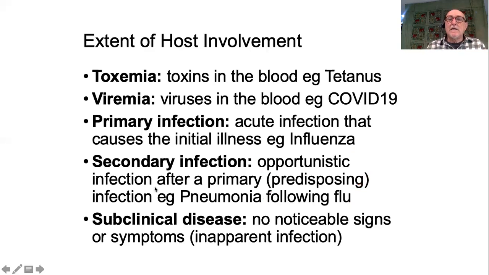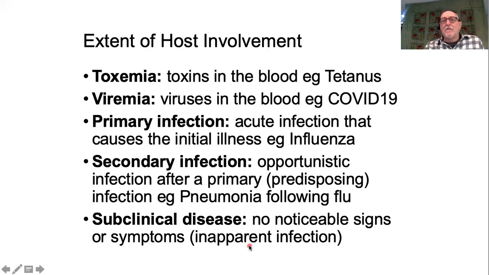But in the elderly, pneumonia of this kind, often caused by a bacterium called pneumococcus, can actually be fatal. The pneumococcus, by the way, is Streptococcus pneumoniae. And in elderly people, this is often a fatal consequence of something like a cold or flu.